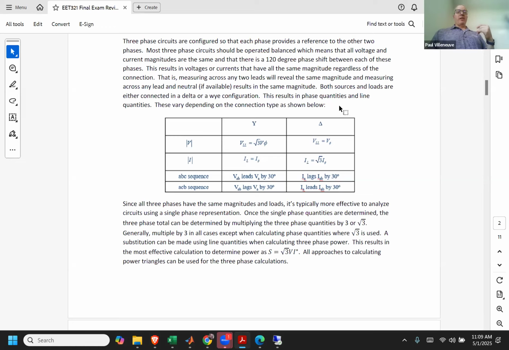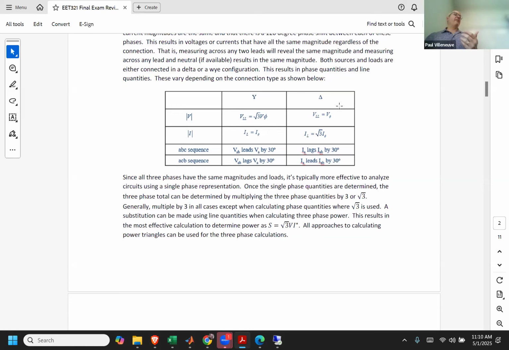But when you do a different sequence, you can see that my line voltages and my phase voltages may not be the same. Not only is there a magnitude difference, but there's a phase shift as well, a 30-degree phase shift between the two. Or if the currents aren't the same, like in a delta, you can see how the magnitudes are going to be different, but also we're going to have a phase shift associated with that.